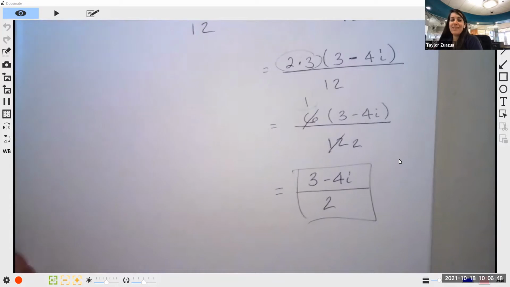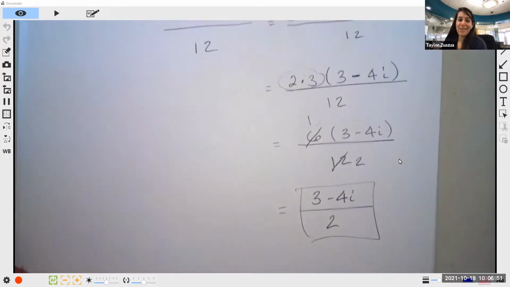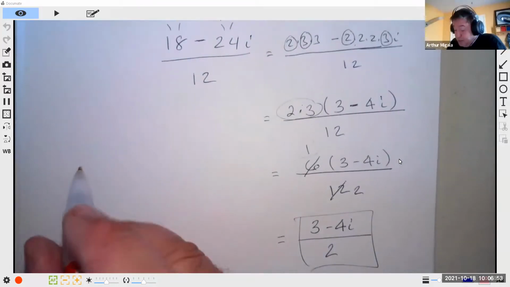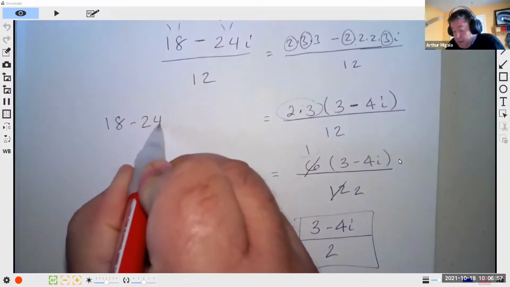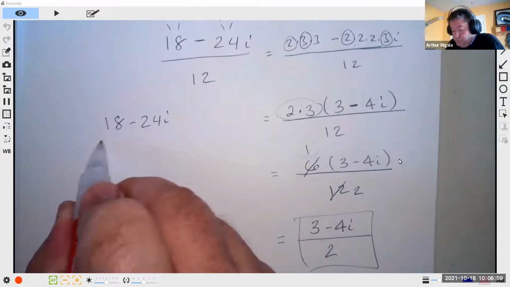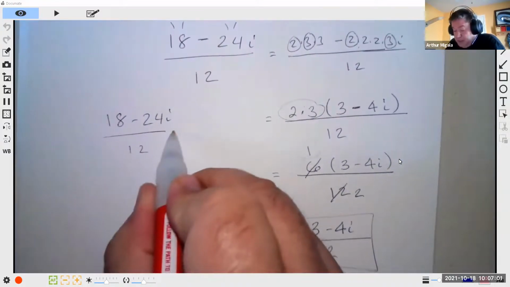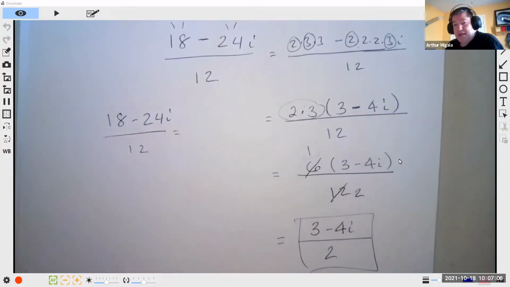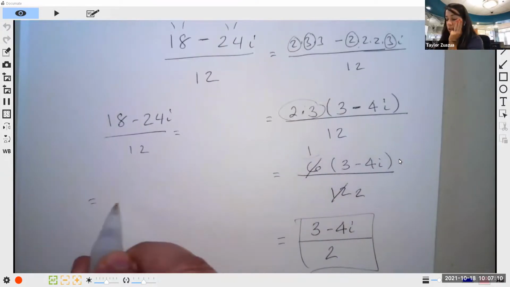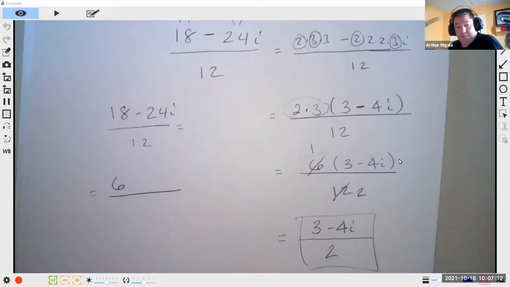That breakdown takes a lot of patience and working out. But there's also a shortcut. With practice, we know what 24 and 18 have in common. They both have a 6 in common. So we take out a 6.